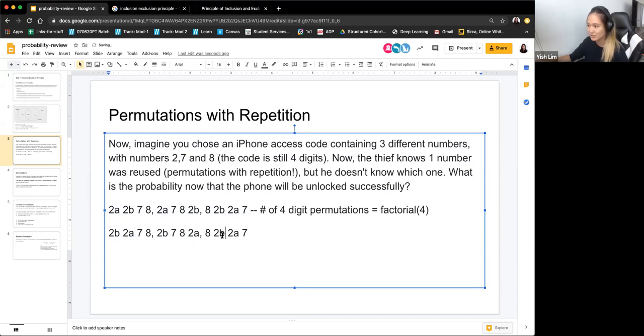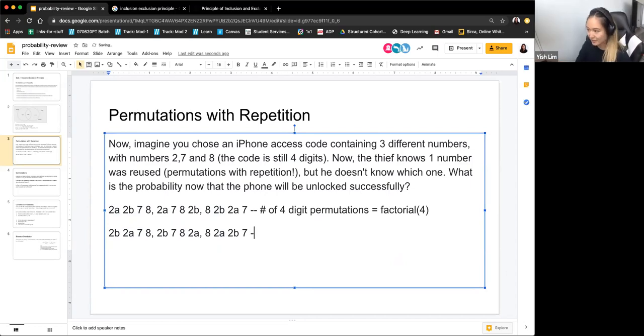So in factorial 4, we've counted this, and we've counted this, and this, and this. But in reality, these 2 are the same. These 2 are also the same, and these are the same. So essentially we double counted every single permutation, because we were thinking that the 2s can be distinguished, but in reality, we can't distinguish between 2s.